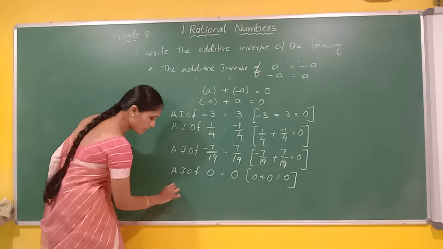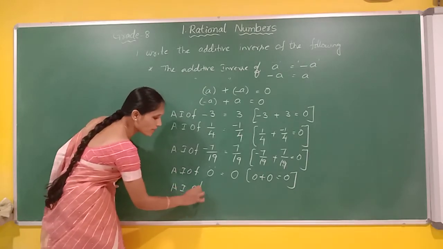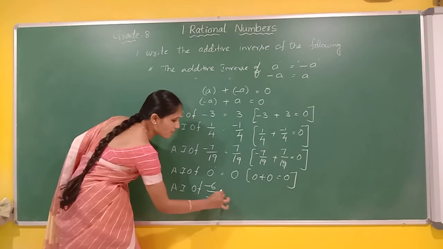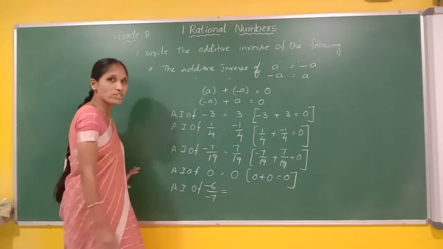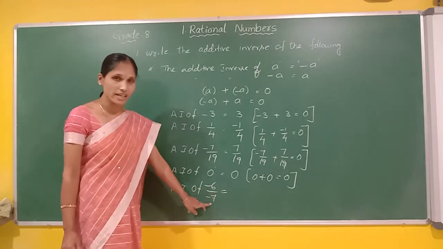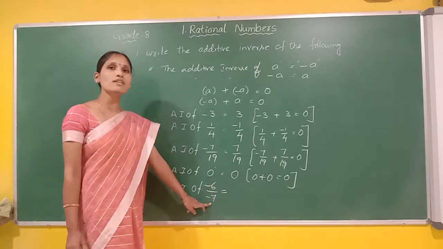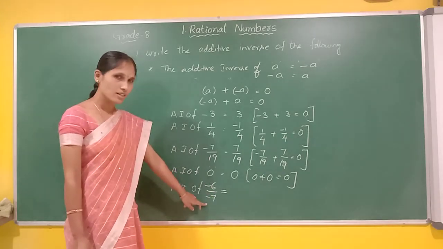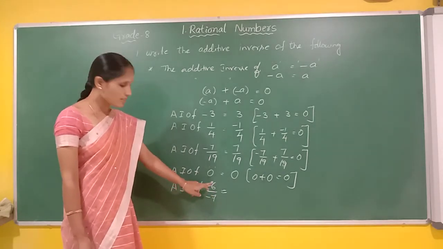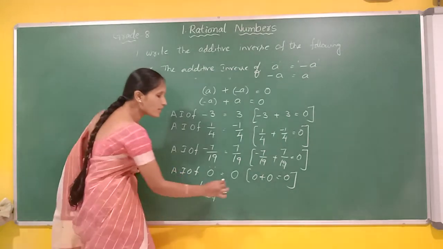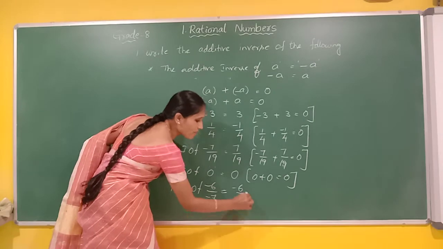One more number. What is the additive inverse of minus 6 by minus 7? Tell me what is your answer? Is it 6 by minus 7, or minus 6 by 7? The answer is minus 6 by 7.